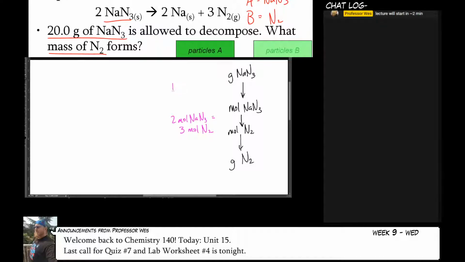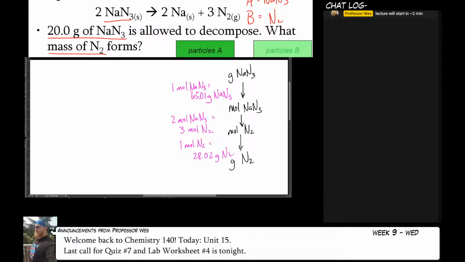So we'll write that down. 1 mole sodium azide is 65.01 grams. And then for nitrogen, I know that 1 mole of nitrogen is just twice what it says on the periodic table. So that's 28.02 grams N2.